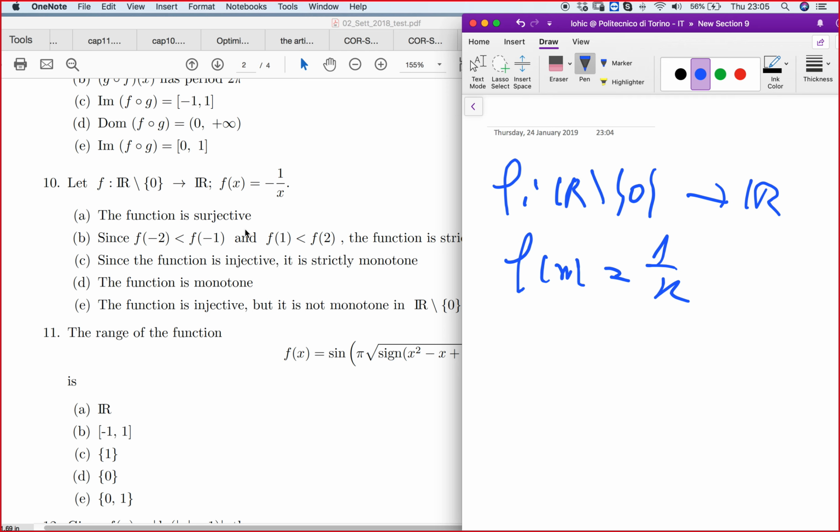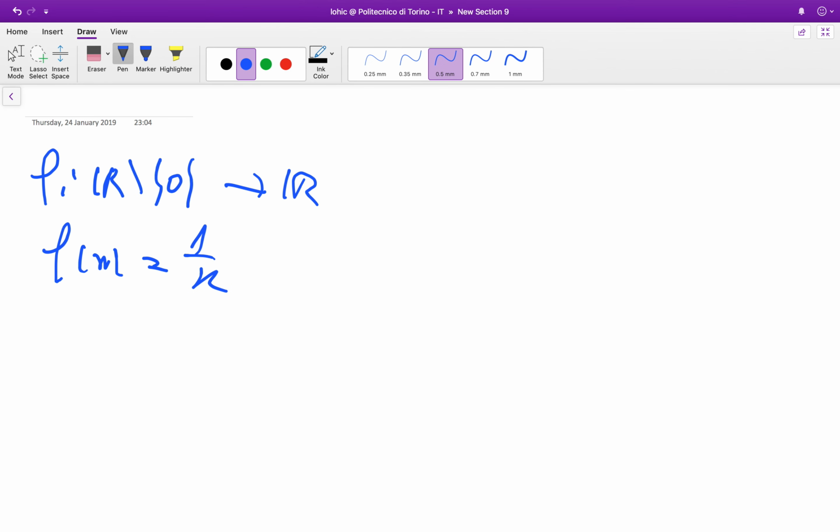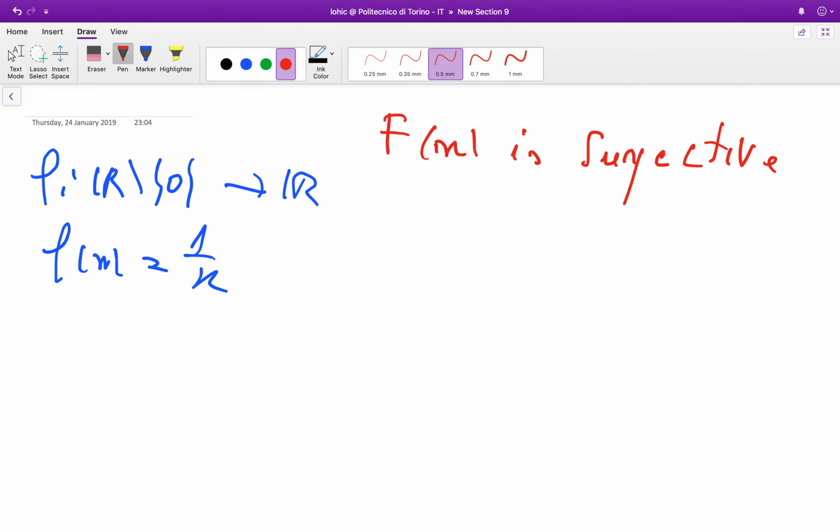What does it mean? What do we mean when the function is surjective? What do you mean when somebody says that f is surjective? So f of x is surjective. What does it mean that the function is surjective?